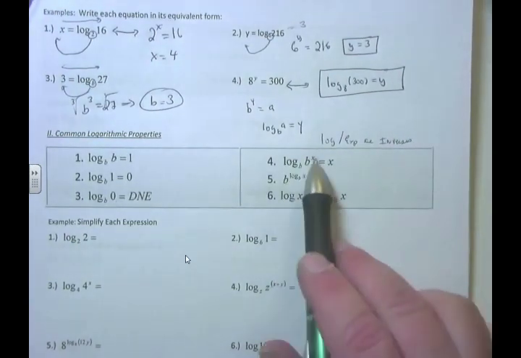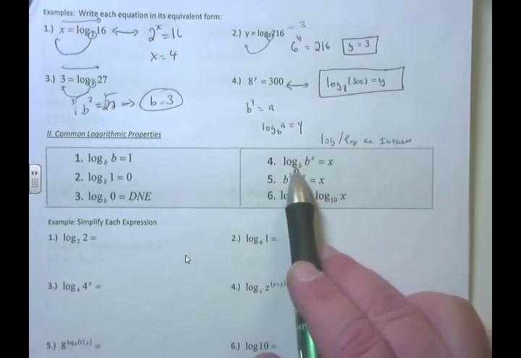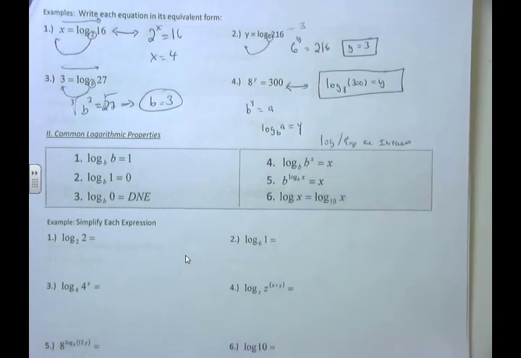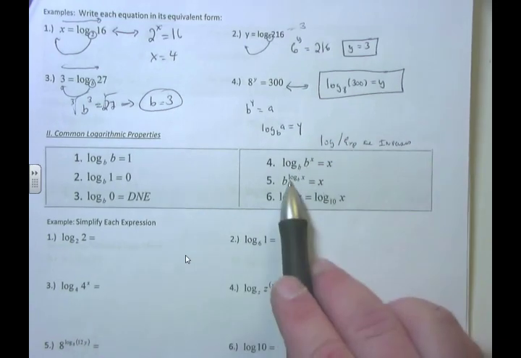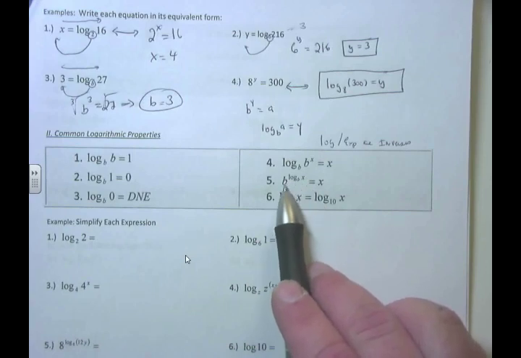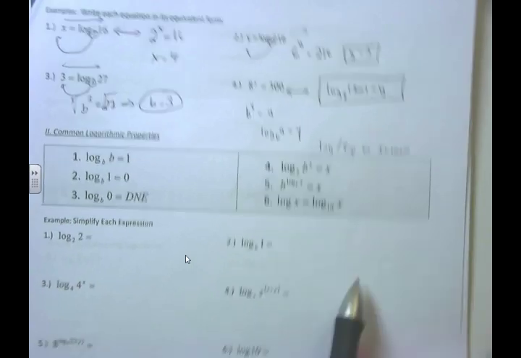They're inverses, so they end up canceling each other out. The log base b of b raised to the x. The log base b and b to the x cancel each other out. You're left with x. b raised to the log base b of x, because logs and exponentials are inverses, b raised to the log base b of x will also cancel each other out.